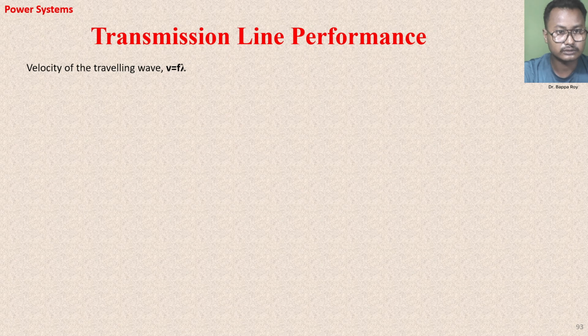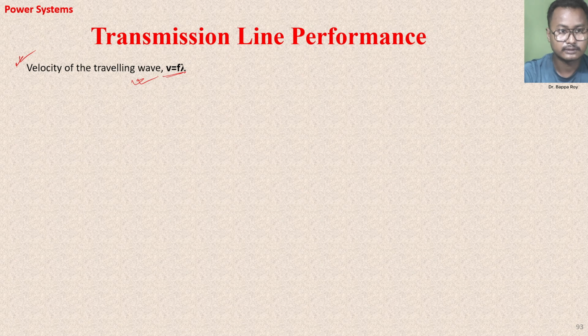So now we'll see a little bit of calculation. Velocity of a traveling wave, we know V is equal to F lambda. This is from physics. Velocity is 3 into 10 to the power 8 meter per second, equal to 50 lambda.